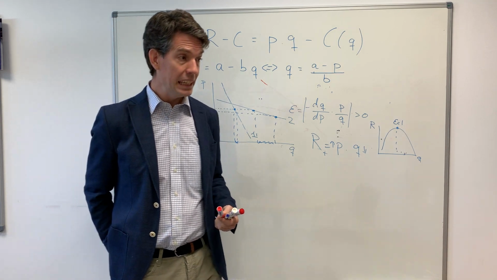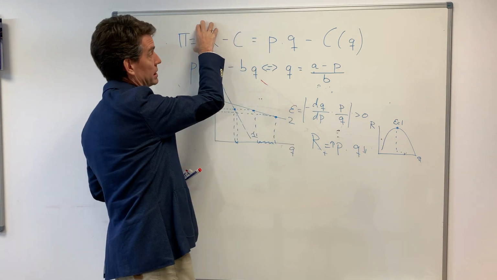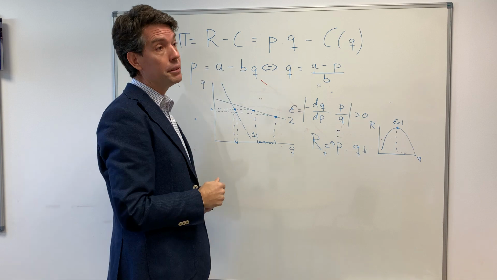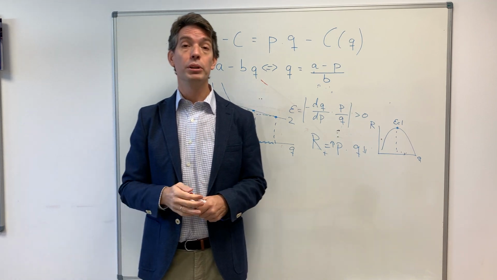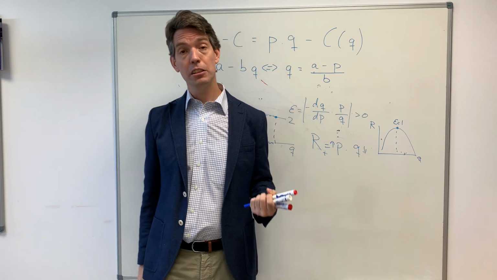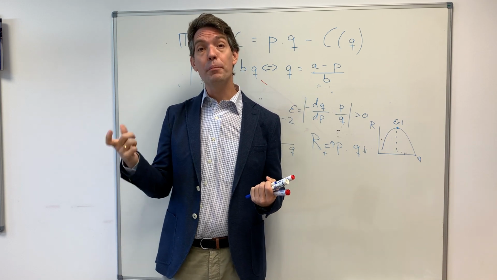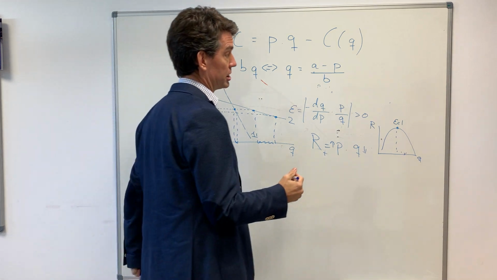However, that's not the objective of this course. The objective of this course is not to maximize revenue, it's to maximize profits, which are revenue minus cost. So if you also take into account the cost, if you are maximizing profits, we discussed that there is going to be an inverse relationship between the elasticity of your product and the margin you're going to make over the price that you're charging.